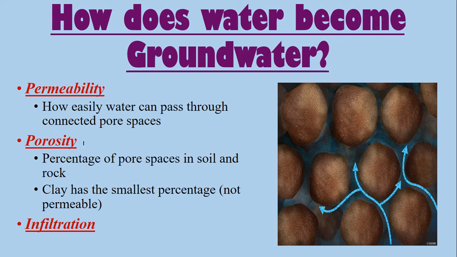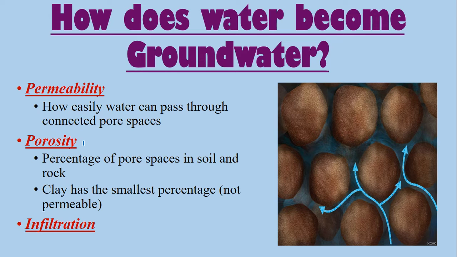And just so you know, remember when we talked about soil, we had sand, silt, and clay. Clay has the smallest percentage of pores because clay is not permeable. It's like a layer where water can't get through. Water can usually get through layers of sand and layers of silt, but when it reaches clay, it's really hard for it to get through.